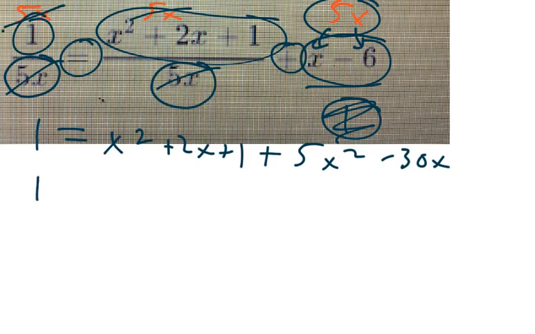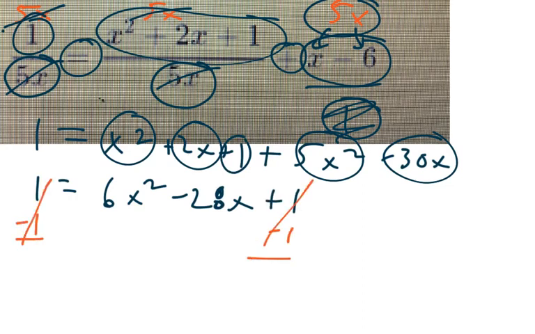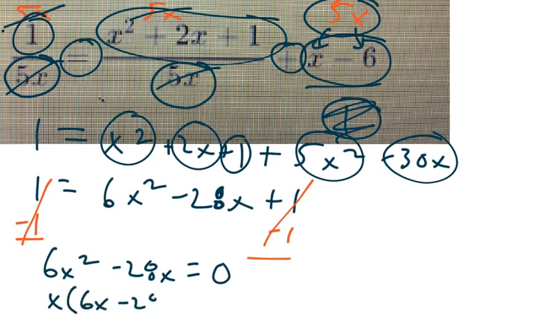So 1 equals x squared, 5x squared is 6x squared. 2x minus 30x is negative 28x plus 1. Once I subtract 1 from both sides, I now have 6x squared minus 28x equal to 0. And now I'm just going to divide out an x.